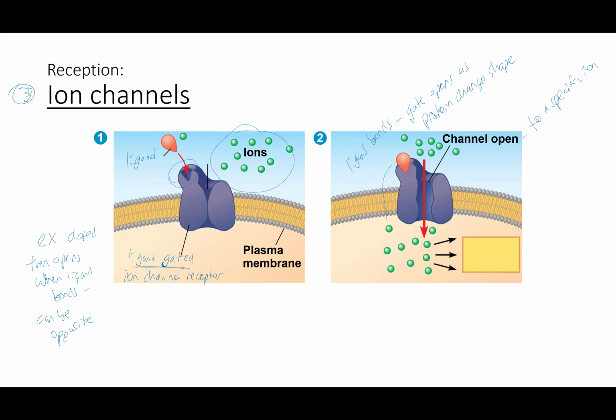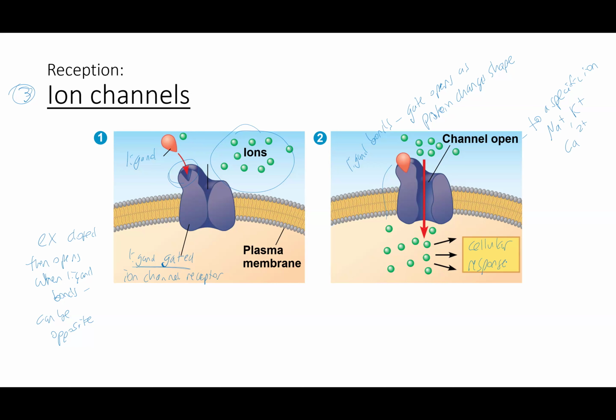That might be sodium. It might be potassium. It might be calcium. And those ions can enter the cell, and that causes some kind of cellular response when those ions are able to enter the cell.